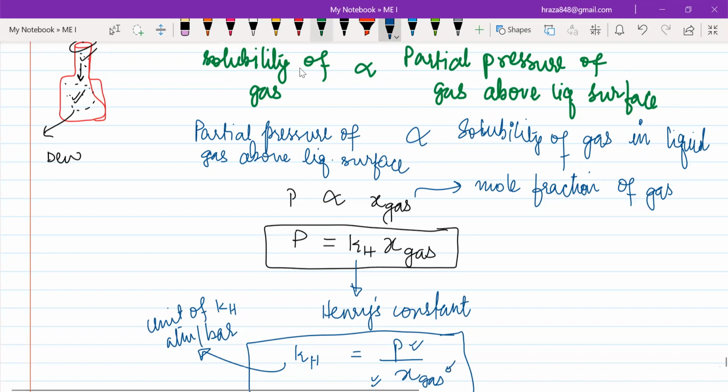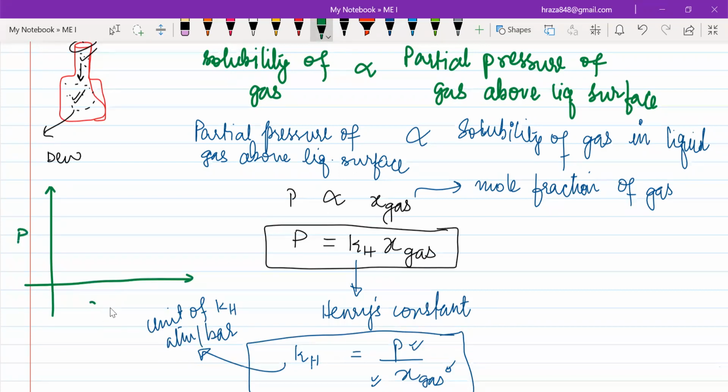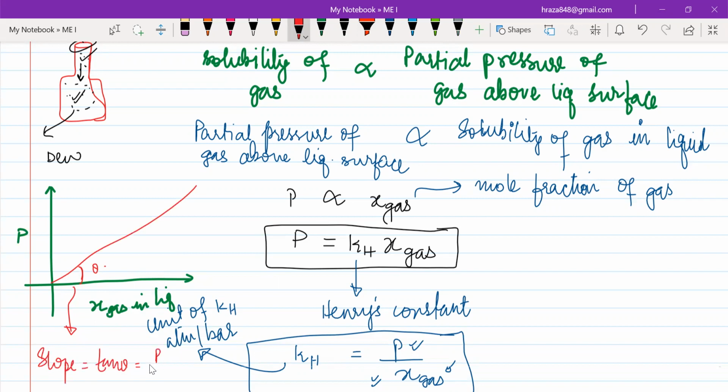And if we plot a graph between partial pressure and mole fraction of gas in liquid, you can see these are directly proportional, so the graph will be a straight line. If you find the slope of this graph, that means tan theta equals perpendicular upon base.